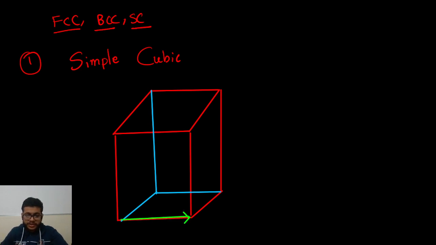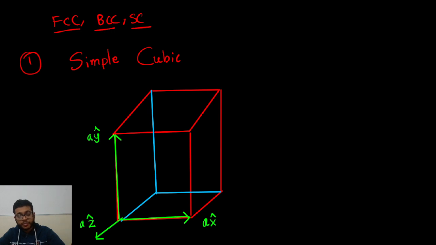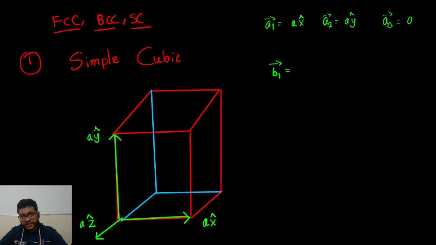This will be just a x cap, a y cap, a z cap. These lattice vectors are already perpendicular to each other. So here A1 equals a x cap, A2 equals a y cap, A3 equals a z cap. So we actually have all the primitive lattice vectors.